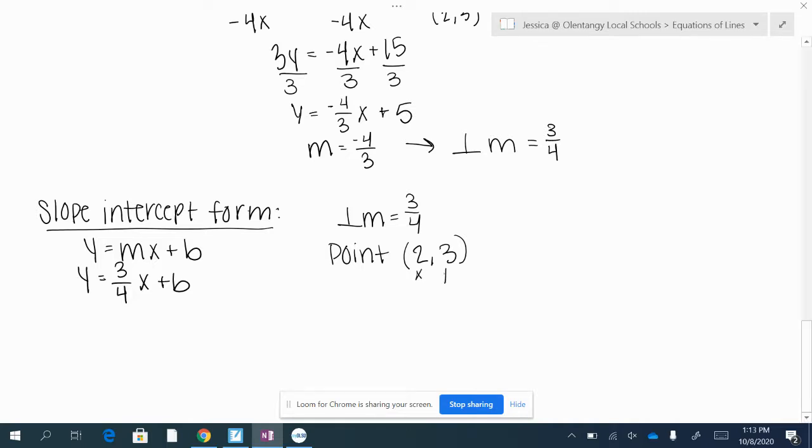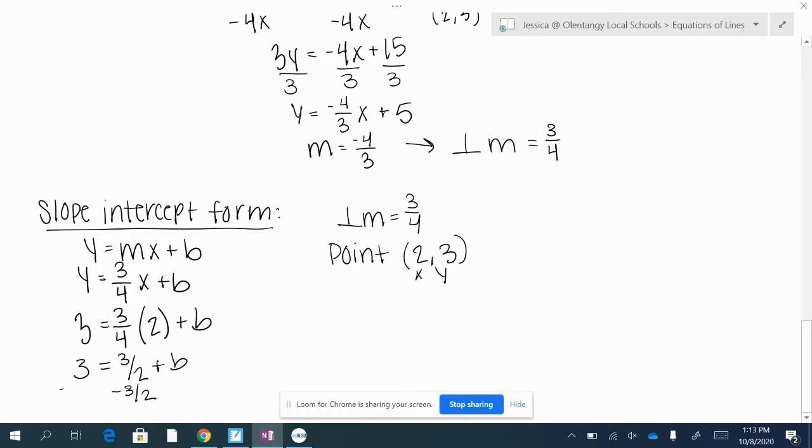Okay, so this is my x and my y. So that means 3 equals 3/4 times 2 plus b. So I plug in my 3 for y because that's my y value, 2 for x because that's my x value. So when I go ahead and solve, I get 3 equals 3 halves plus b.